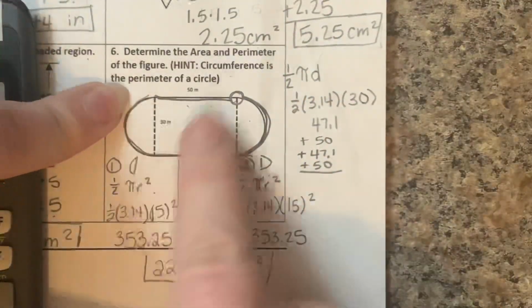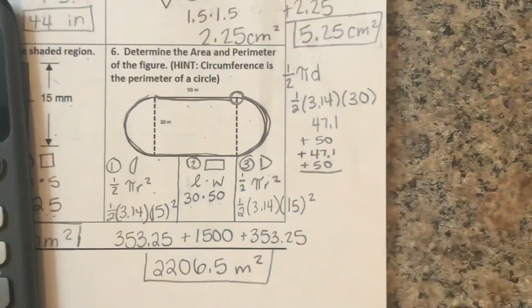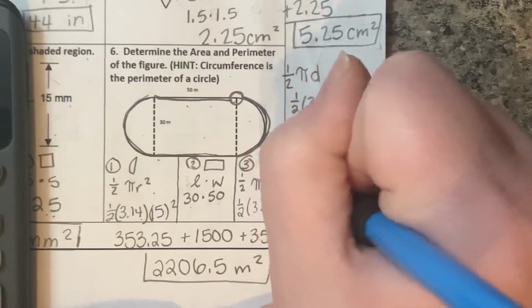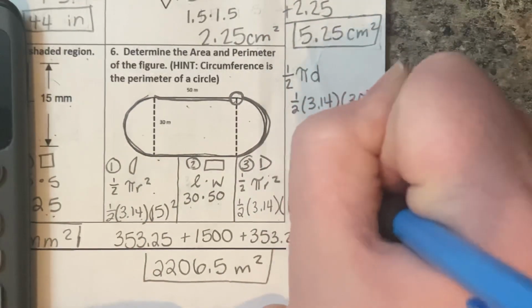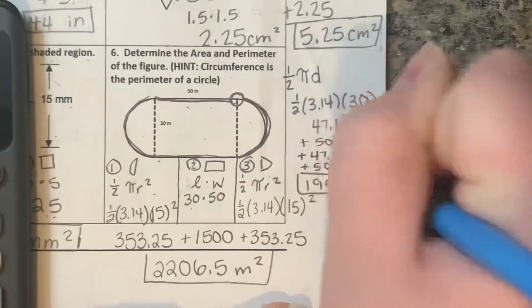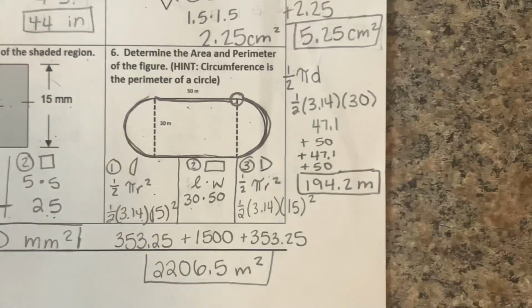Remember, these 30, which are our diameters, are not on the outside of the figure, so we're not going to include those. So I'm going to do 50 plus 47.1 plus 47.1 plus 50 again, and I get 194.2 meters as our perimeter. Remember, this is not squared. Perimeter is just left plain.